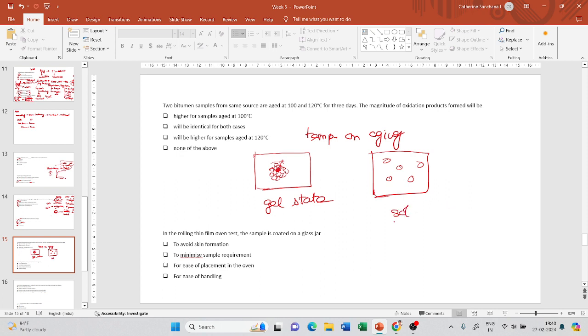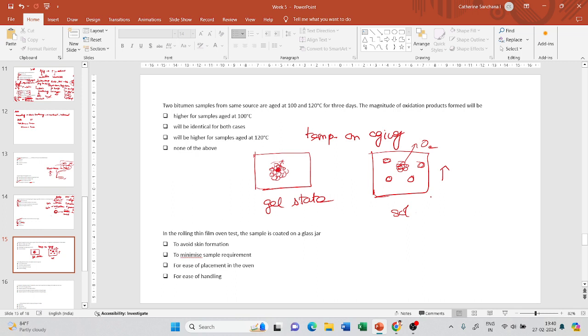So when you subject the material to high temperatures, when these micelles are dispersed, they have higher contact points with oxygen, and so the oxidation products formed in this solid state are more. So when you subject the material to higher temperatures, the aging products formed will be more.